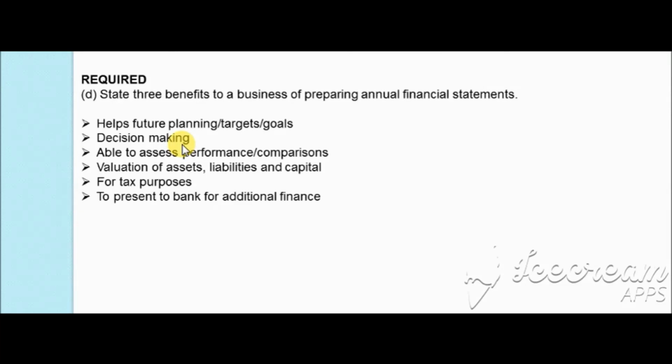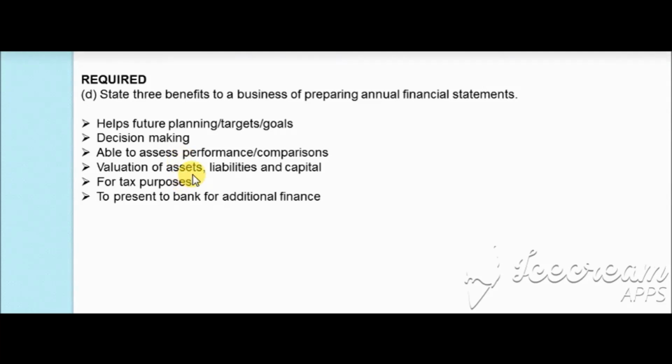So we can make decisions based on analyzing our annual financial statements. With that, we can reduce our expenses or apply for more long-term liabilities. And with comparative analysis, we can compare the financial statements of our company with our competitors in the same field. So it is also a means by which we can go for comparison and analyze our performance.